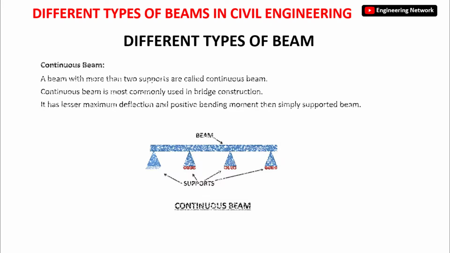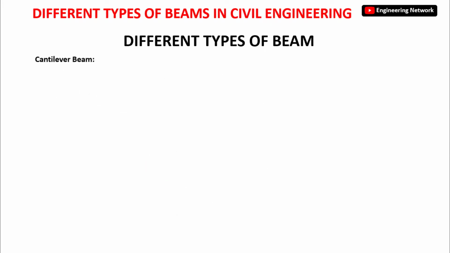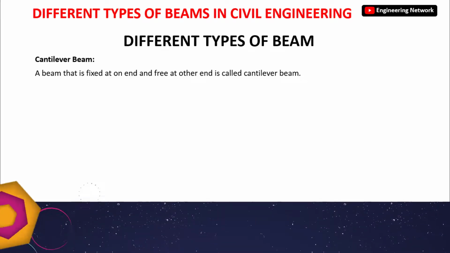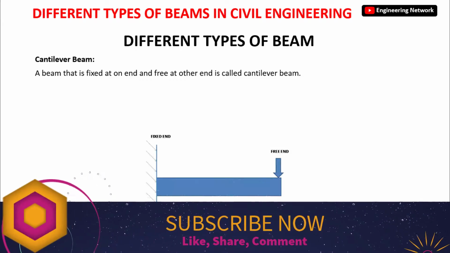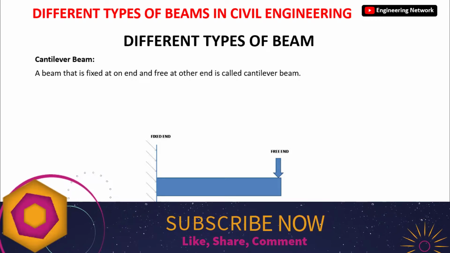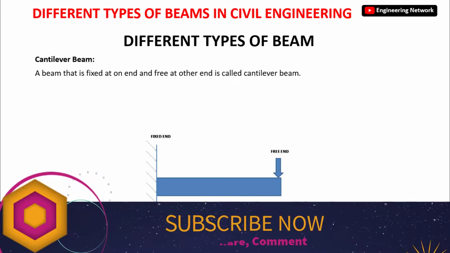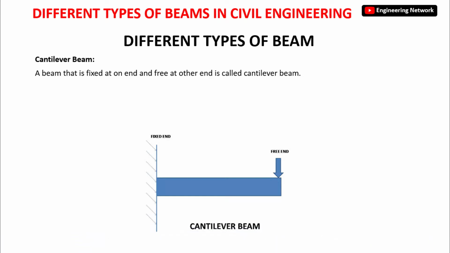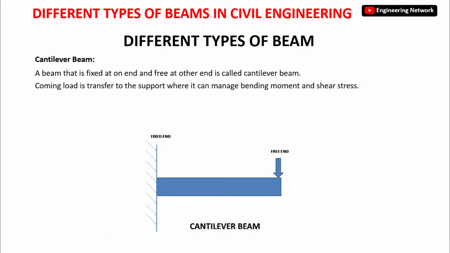Eighth type of beam is cantilever beam. A beam that is fixed at one end and free at the other end is called cantilever beam. You can also see it on your screen as well. In such types of beams, the coming load is transferred to the support where it can manage bending moment and shear stresses.